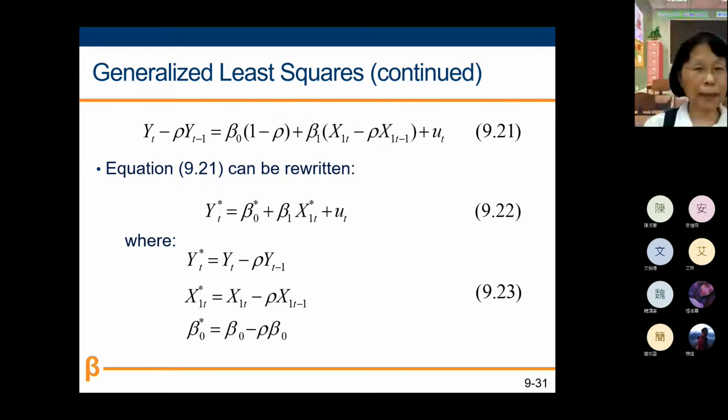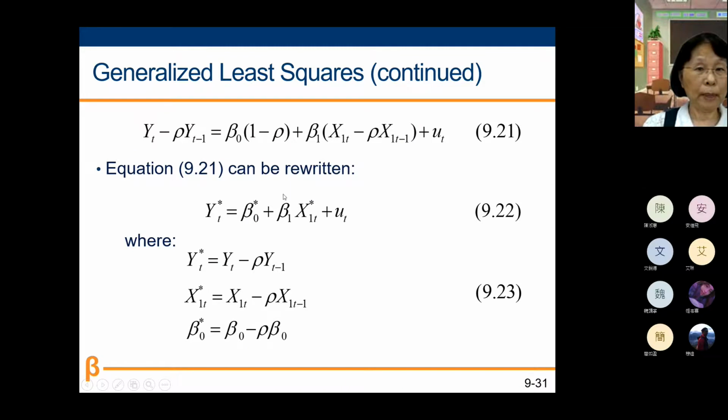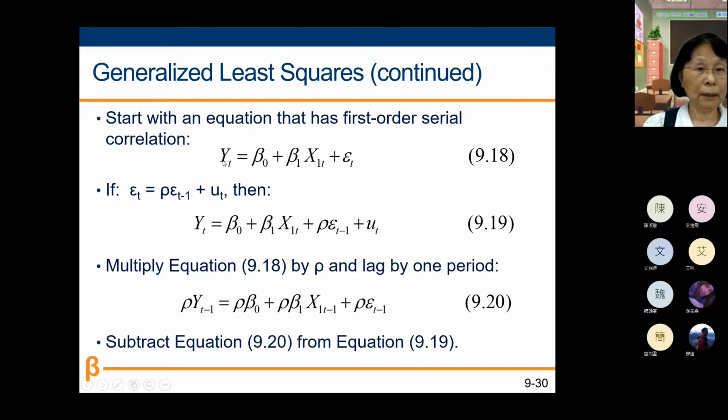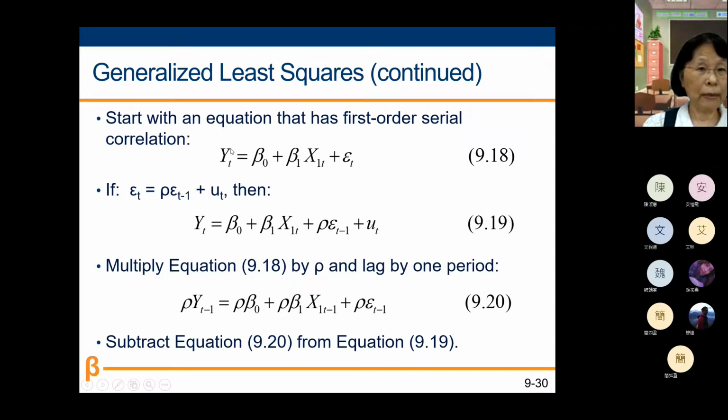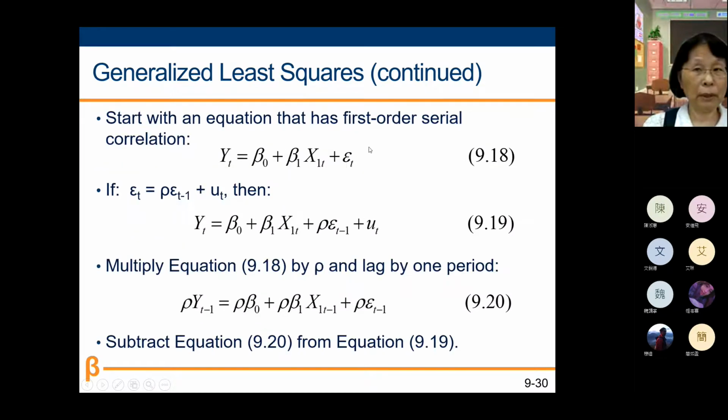And you can see that this beta 1 is really from the original. The original is 9.18. This beta 1 and this beta 1 are the same, but the yt star, yx1t star, and also the beta 0 star are really different from the original 9.18. Okay, all right.